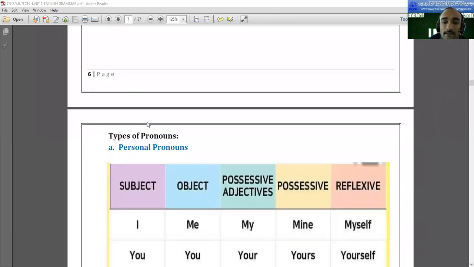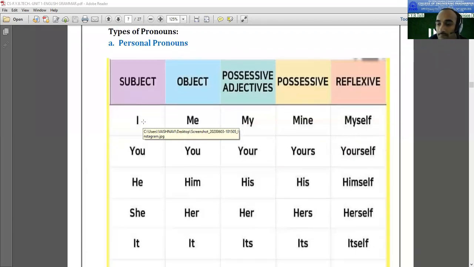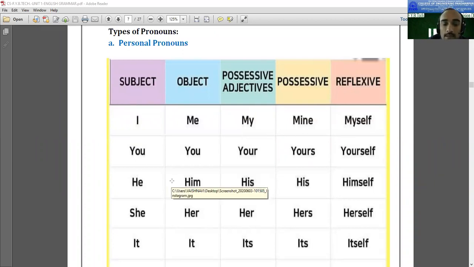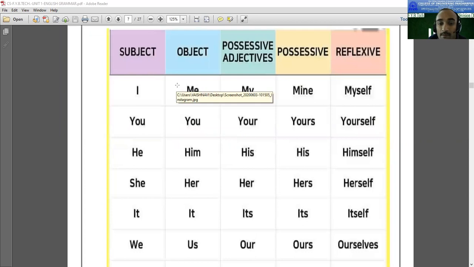Let's see the different types of pronouns. There are many types of pronouns, out of which we are going to learn the first type, personal pronouns: subject, object, possessive adjectives, possessive and reflexive.